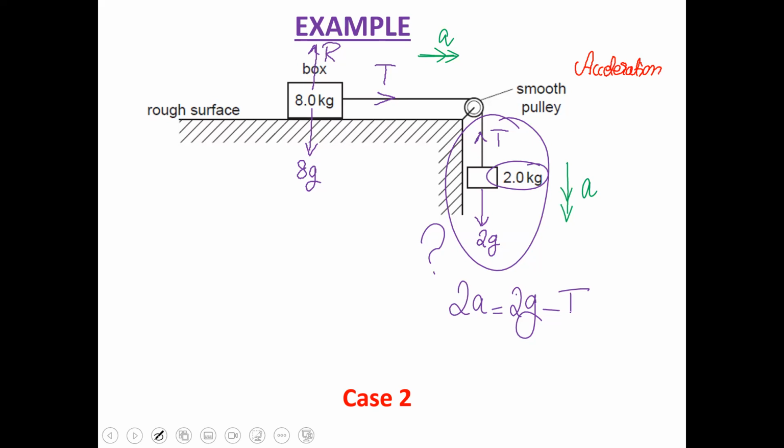Now, I'm putting my acceleration for the second one. It's a rough surface, so there will be a backward friction. Now I put a double question mark here for the second equation.